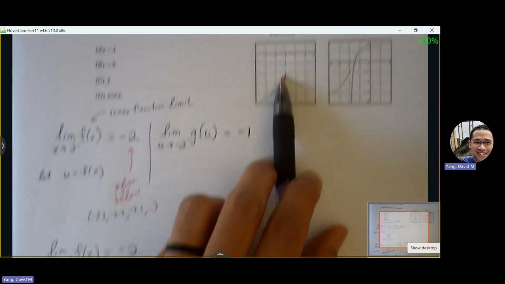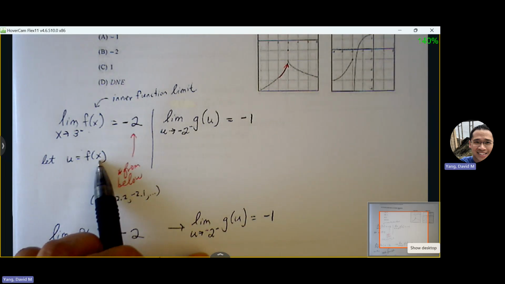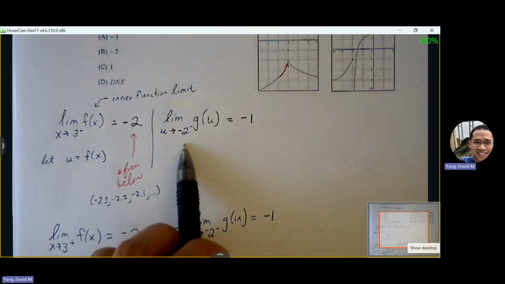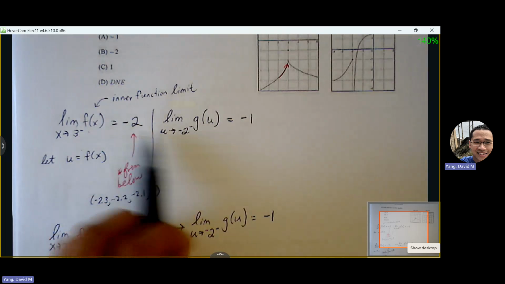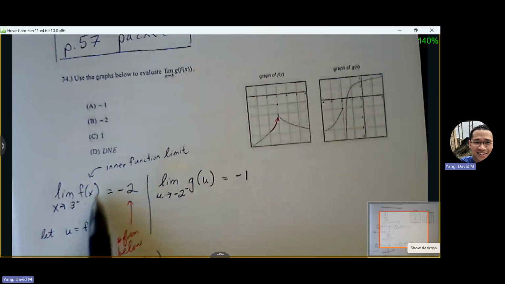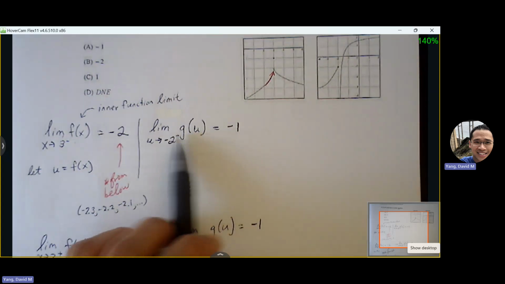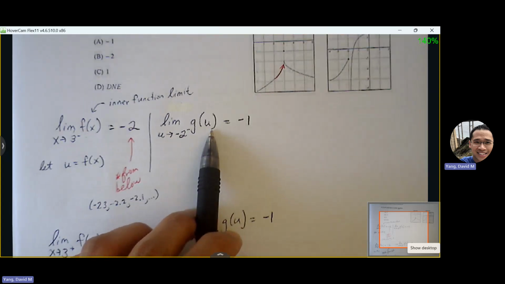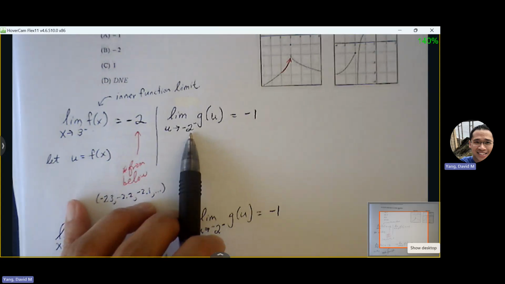Now, if we let the u value be f of x, we can say that u is approaching -2, because u is our limit of g of u. So we'll let f of x represent the inside function, which is u. So we're now turning it in terms of u for the outer function. We've done the inner function, now we're moving on to the outer function.